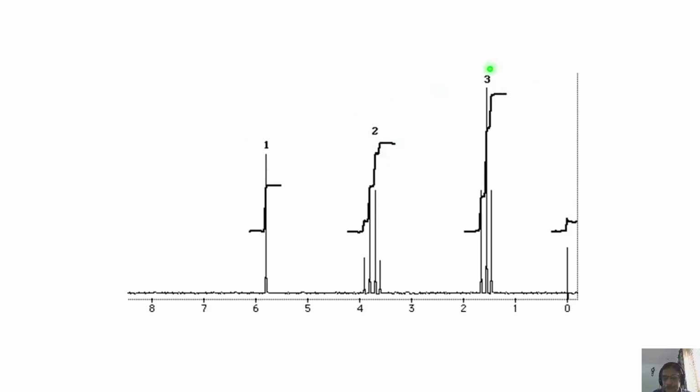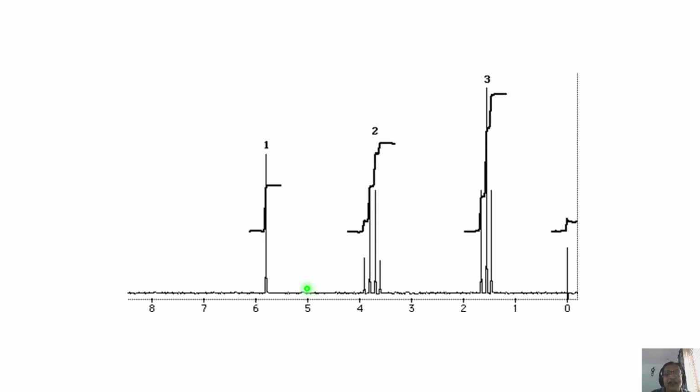It's possible. Now, what is the first guess for this molecule for this type of spectrum? Of course, CH3CH2OH. You can think of that, where CH3 is split into a triplet because of CH2, CH2 is split into a quartet because of CH3, and OH is not split by either of them. That's what we expect, right?